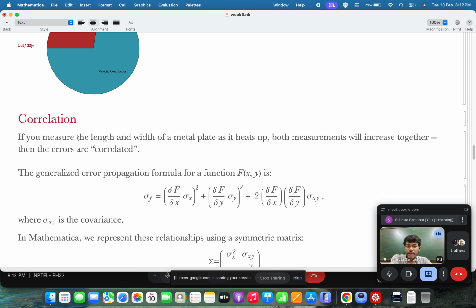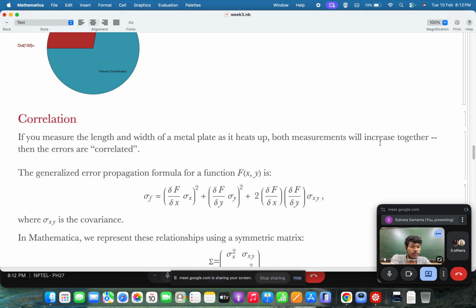If the variables are correlated, what is the physical meaning of the correlation? Let us say you measure the length and width of a metal plate as it heats up. When the metal plate heats up and you measure the length and width, both measurements will increase together, so the errors are correlated.